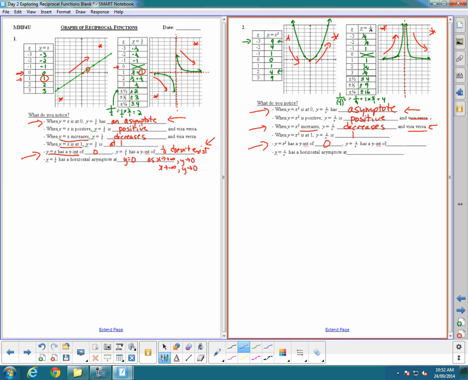So we'll have 1 over 0 again, doesn't exist. And if you look at our graph, of course, there is no y-intercept because there's an asymptote. And this one also has a horizontal asymptote at y equals 0, just like in the other ones.